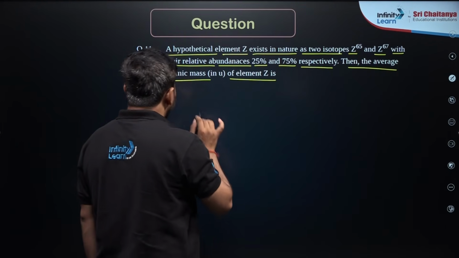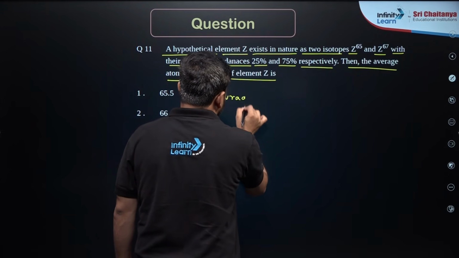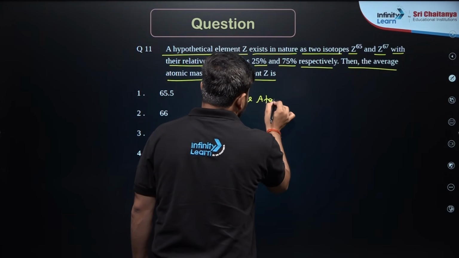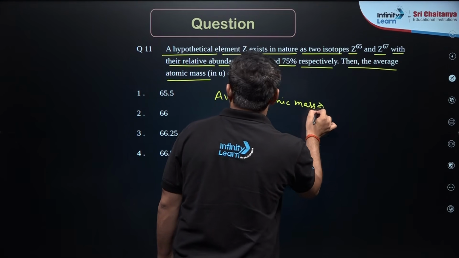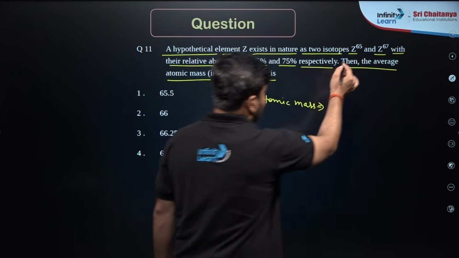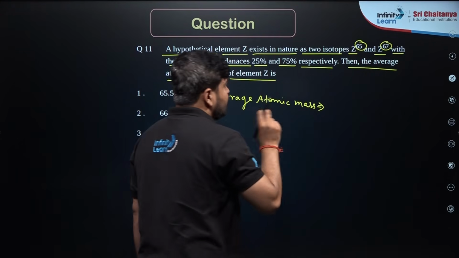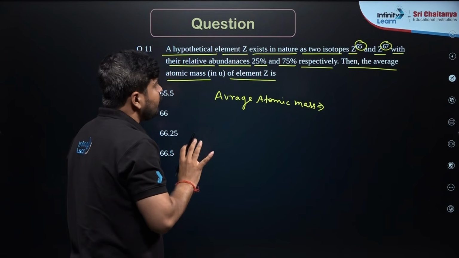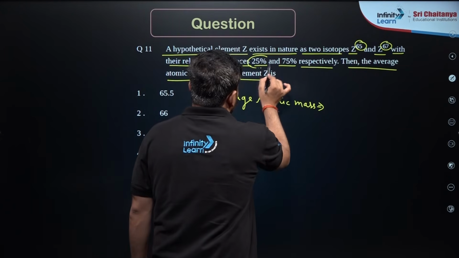They are asking for the average atomic mass. How can we find it out? We put in the atomic mass that is given, and then we put the percent of abundance.